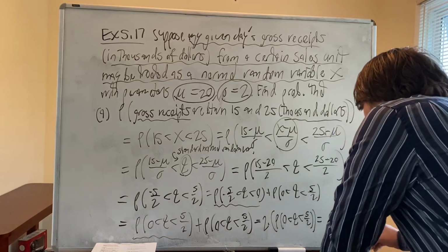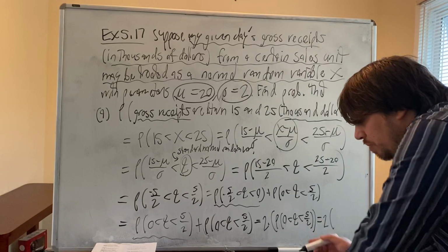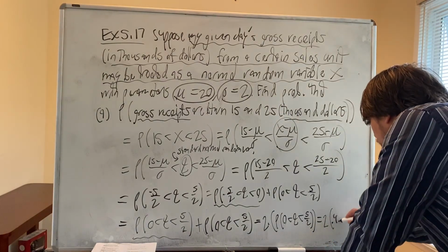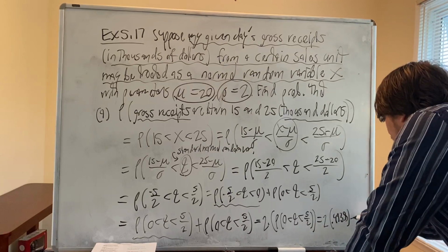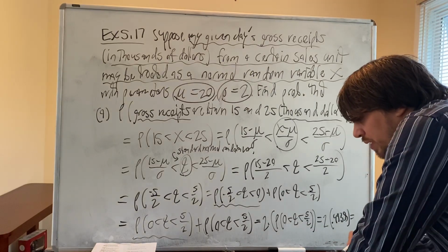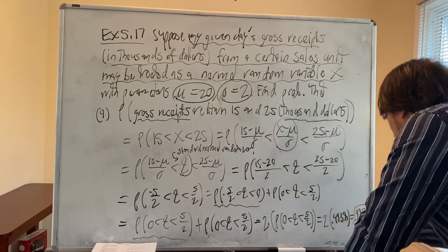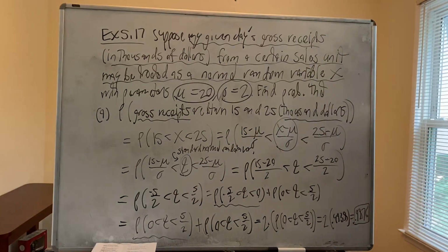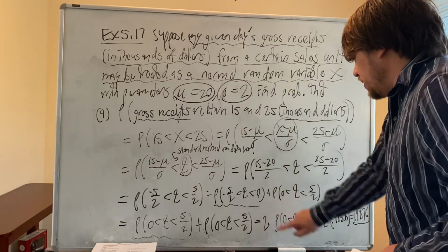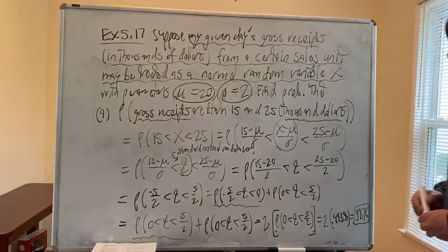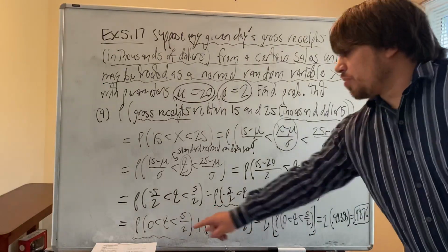And this is equal to 2 times that probability, which by the table is 0.4938. And that's equal to 0.9876. Okay, so that's 0.9876. So this probability, I'm just going to put brackets here. So you're adding this probability to itself.